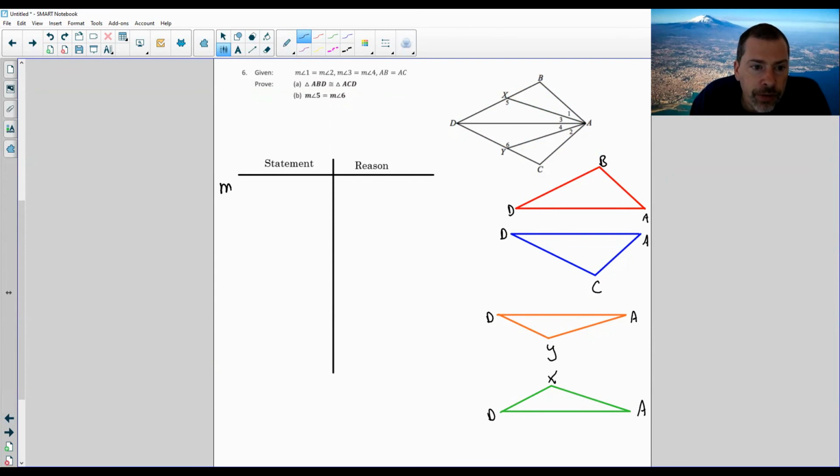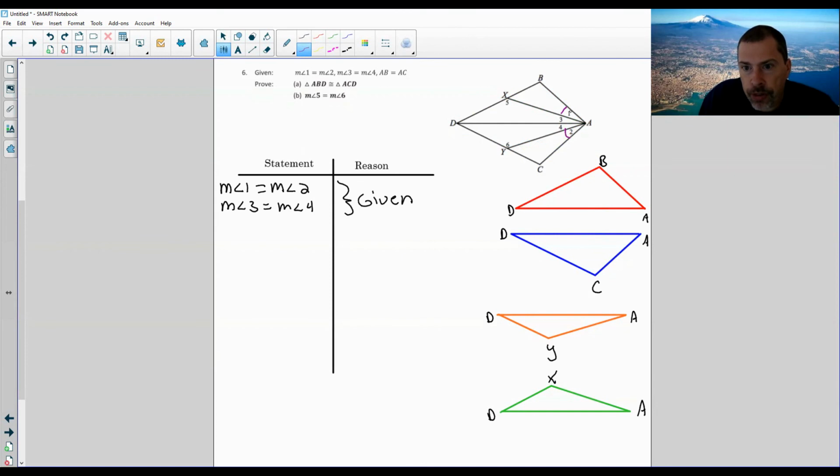The measure of angle 1 equals the measure of angle 2. The measure of angle 3 equals the measure of angle 4. The reason for both of these is given. Okay, and then I'm going to label my diagram. Angle 1 congruent to 2.